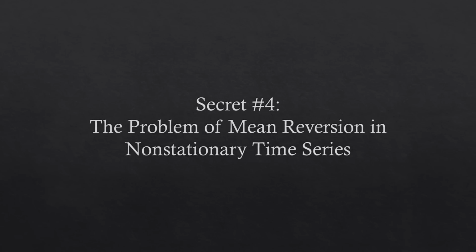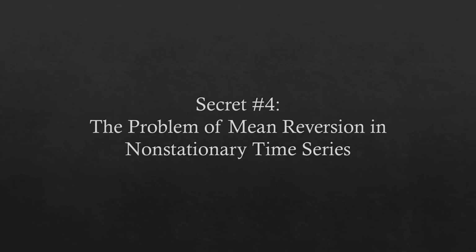Secret number 4. The problem of mean reversion in non-stationary time series. The first strategy that comes to mind when we think about Bollinger Bands is assuming that price will reverse direction when it surpasses one of the outer bands and will reverse back to the center moving average.